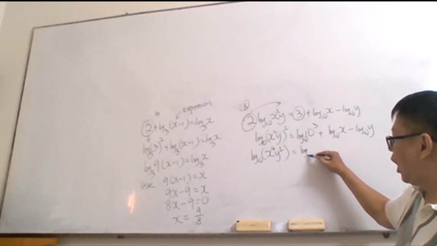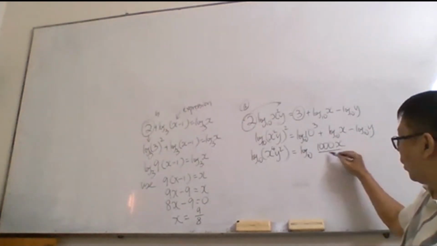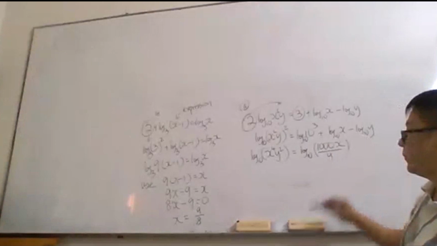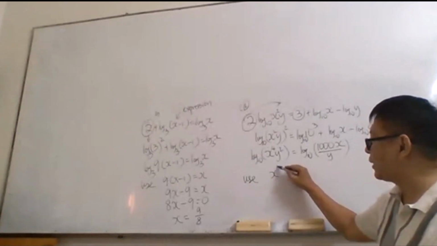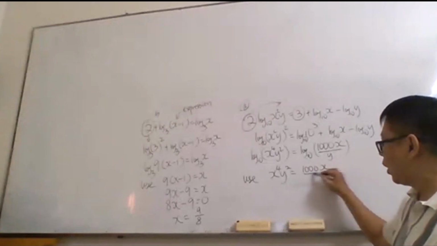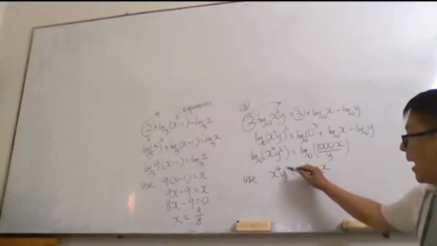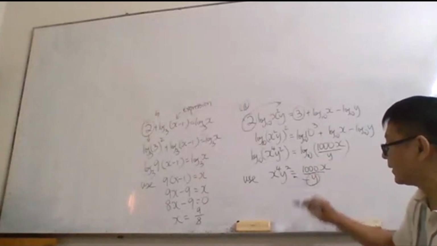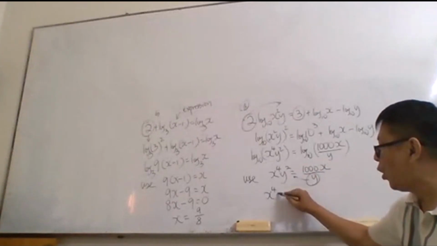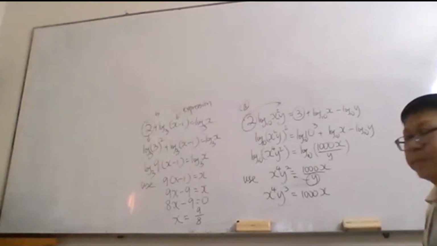So I will put log 10 of 1000 x over y. Now I have x4 y2 equal to 1000 x over y. First of all, I will cross multiply the y to the other side, becoming x4 y3 equal to 1000 x.